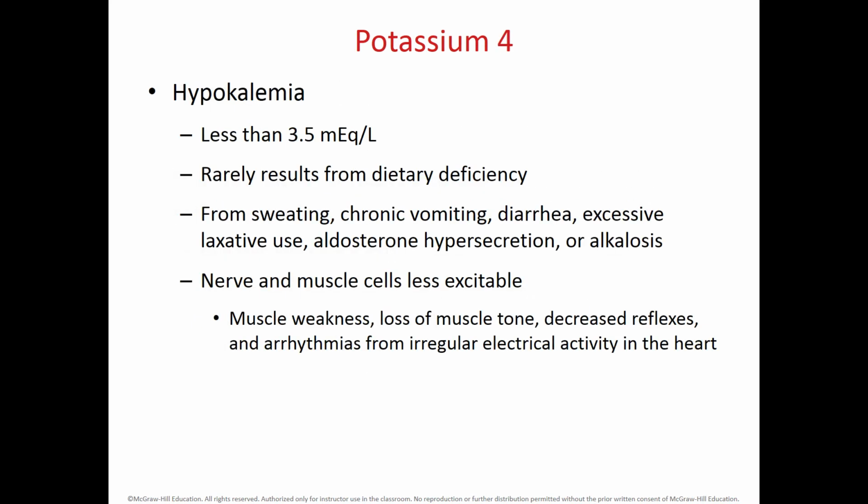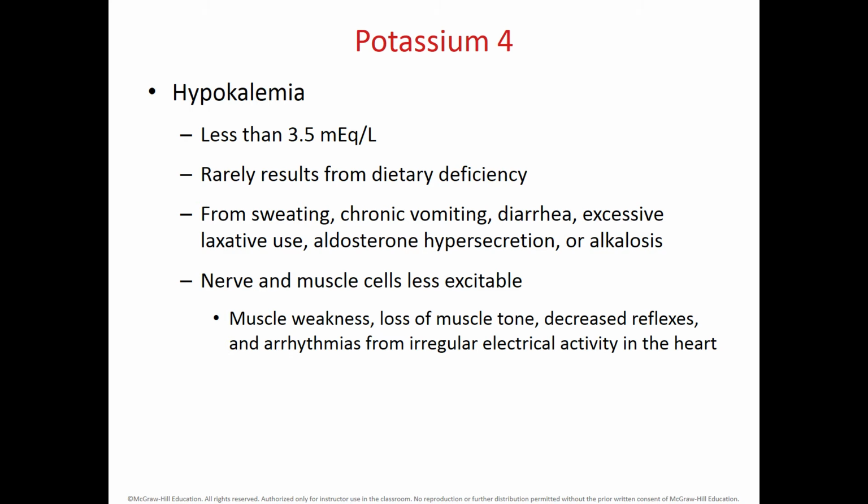Now, hypokalemia is having potassium less than 3.5 milliequivalents per liter. This rarely happens, but if it does, it's because someone is not ingesting enough potassium.